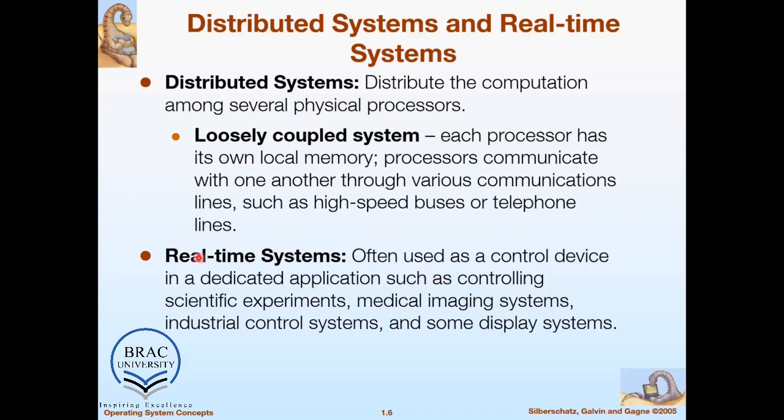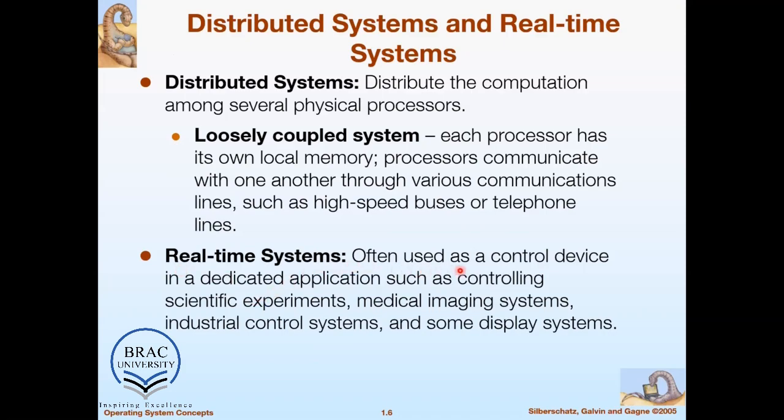Now comes the next generation, the real-time system. A real-time system is defined as a data processing system in which the time interval required to process and respond to input is so small that it controls the environment. So in a real-time system, after giving input, you get the output very quickly; that is, the task is completed within a specific time delay.